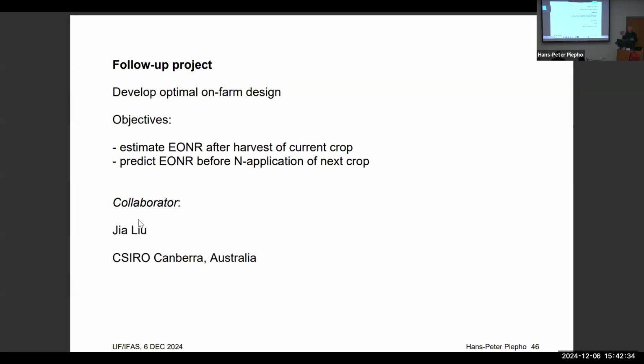So the idea that we're pursuing is, based on the current year's data, the current fit, or based on a model that you fitted using past data, estimate for each point in the field what the economic optimum rate is.